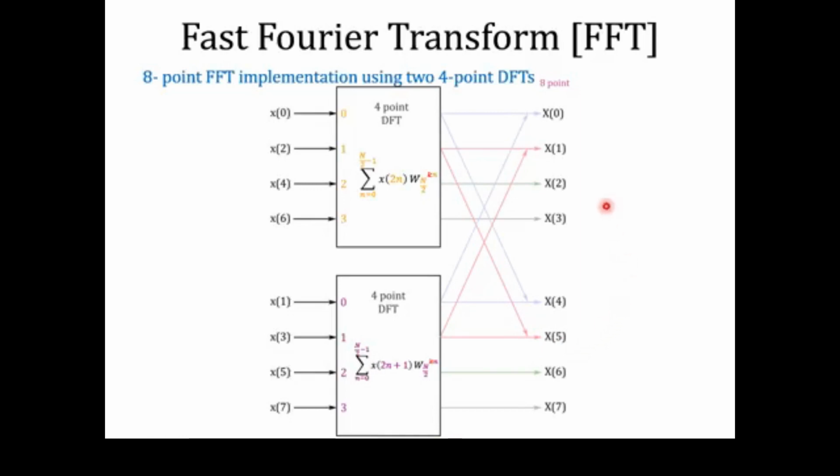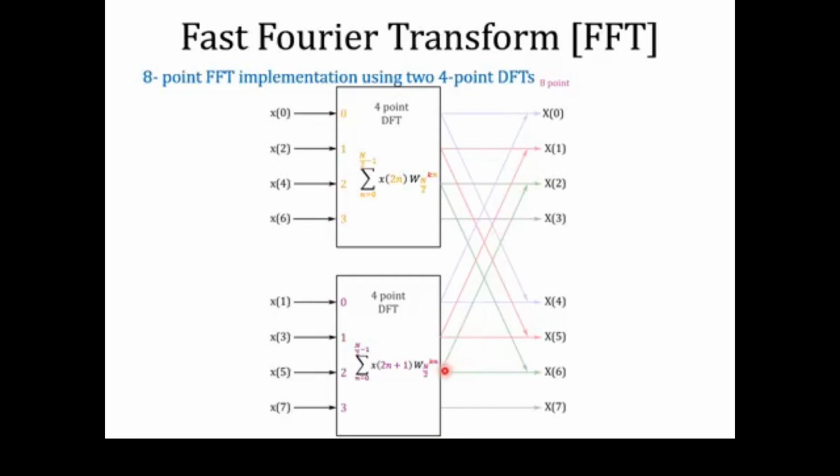Now let's come to the X of 2 and X of 6 outputs. To calculate X of 2 and X of 6, we have to put k is equal to 2 in equations 1 and 2, which were discussed at the start of the lecture. So in order to find X of 2, we have to add A of 2 with B of 2. So A of 2 is this sample, which is shown as a straight line, and B of 2 is this sample, which we have to use here.